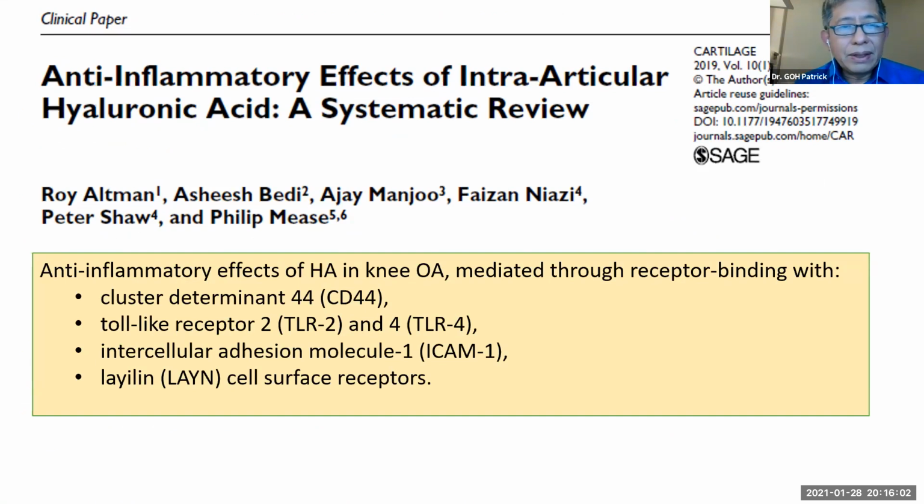In the review, they concluded that it was mediated through receptor binding with several different things, CD44, toll-like receptors, etc. So this article is a pretty good summary if you're into the molecular side of things.